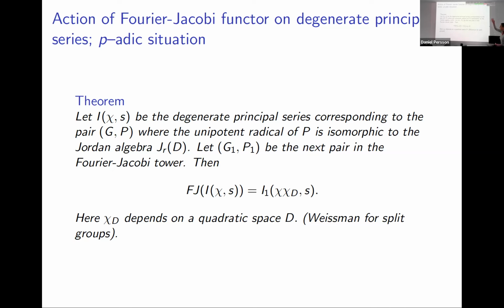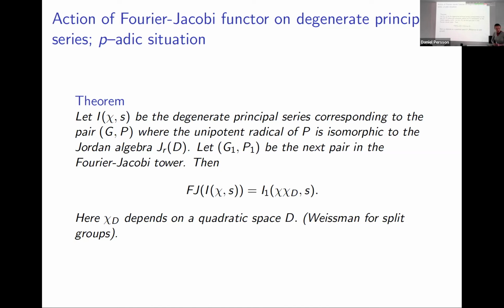And you get to do that until you get to SL2, where you know all about degenerate principal series, which are just principal series there. And it also gives you possible points of reducibility.